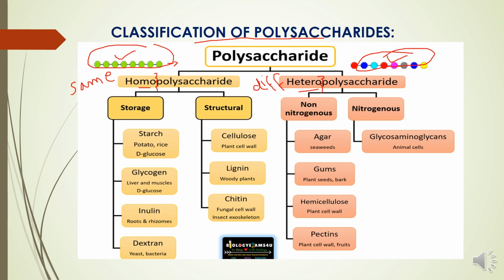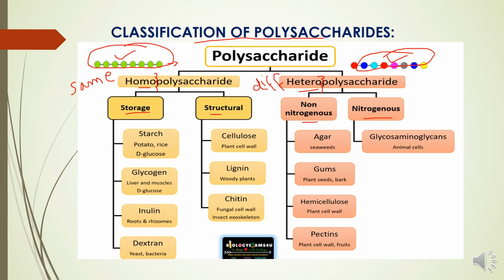Got it, students? Now we further classify homopolysaccharides on the basis of storage sugar and structural sugar, while heteropolysaccharides are classified into non-nitrogenous and nitrogenous types.